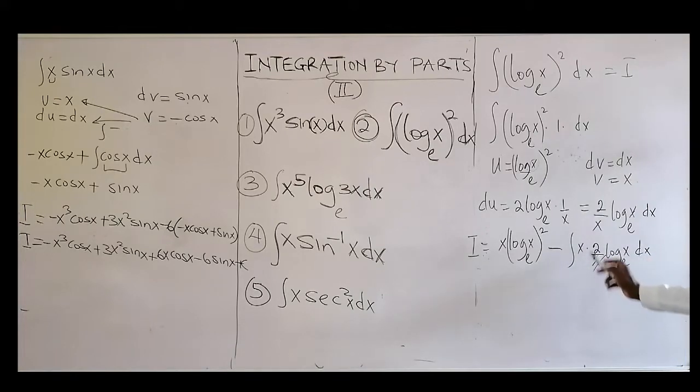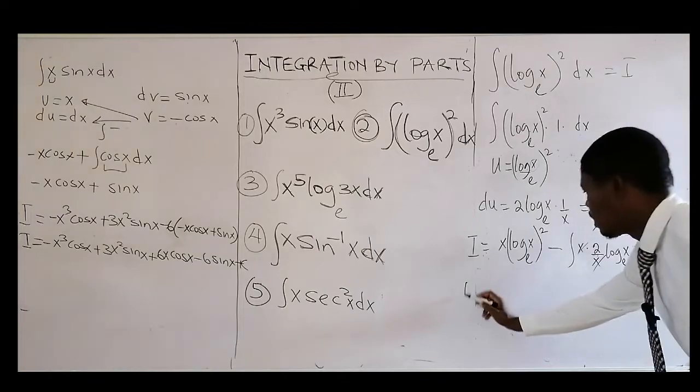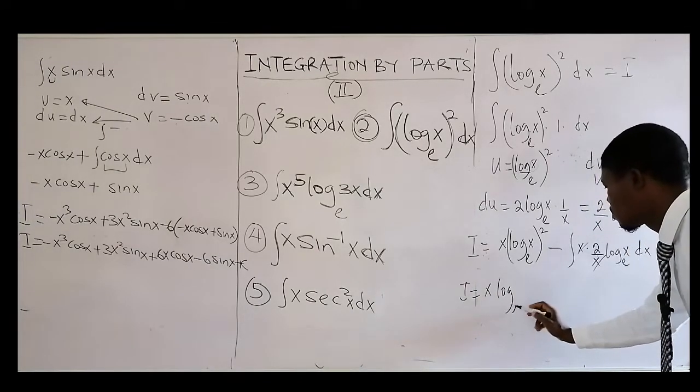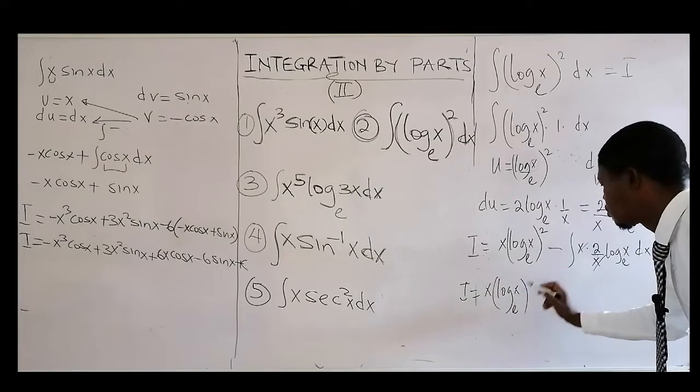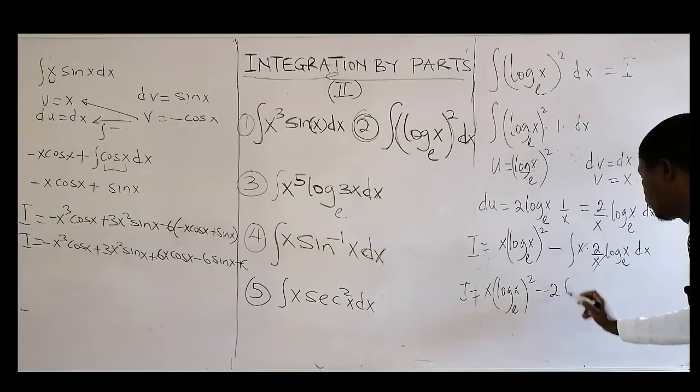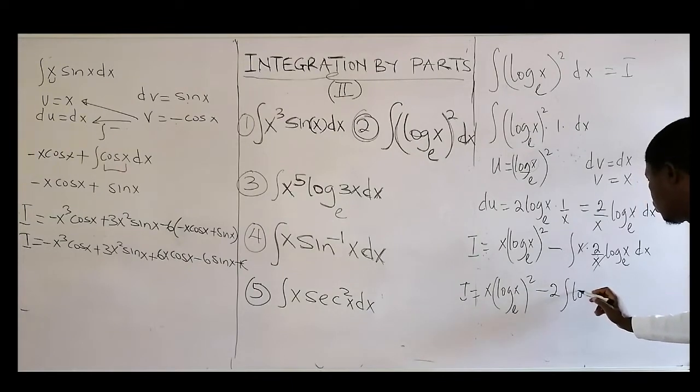So this x will go. Then I equals x (log x to base e) squared, and these two can go outside, so that will be minus 2 times the integral of log x to base e dx.